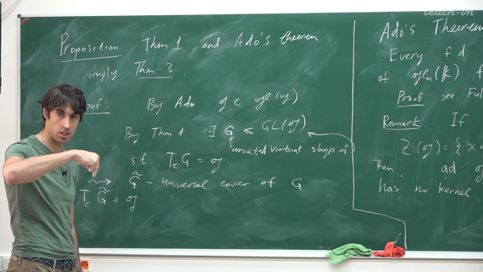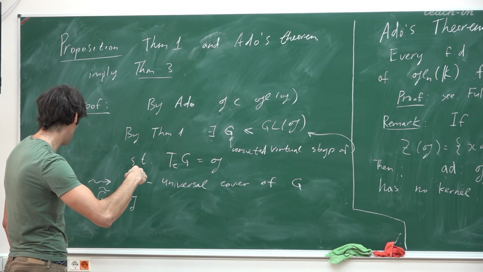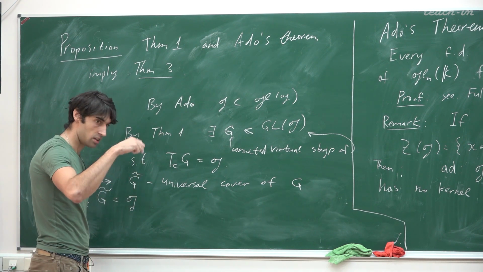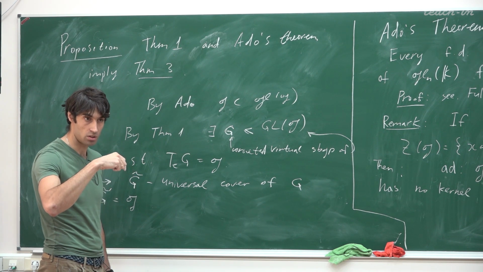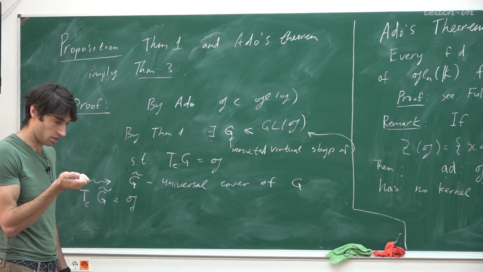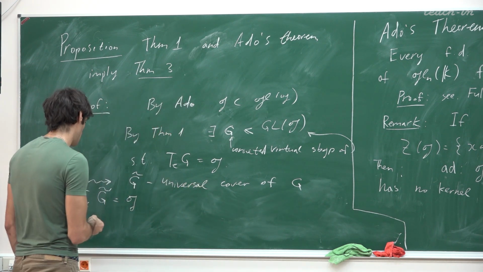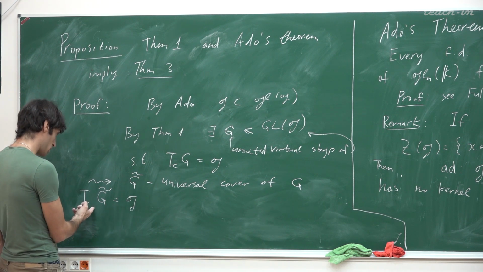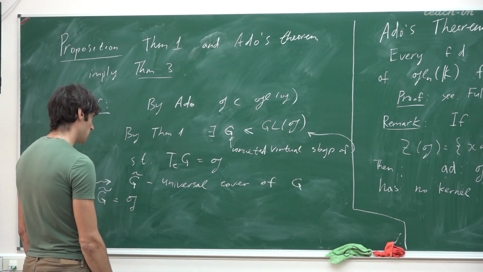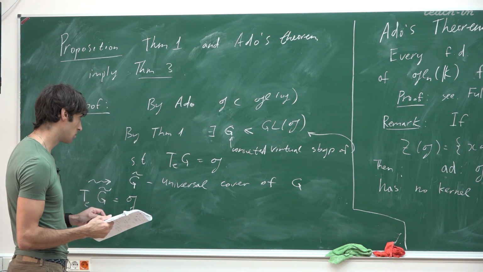Because the projection map from G tilde to G is a covering map, so its kernel is some discrete thing. Therefore the tangent space to the kernel is just 0, so the differential has no kernel. So it means that the Lie algebra of G tilde is isomorphic to the Lie algebra of G. Okay, so we constructed some connected, simply connected group with this Lie algebra.